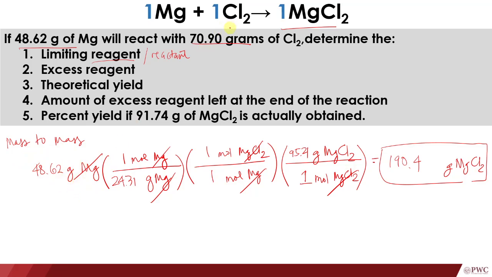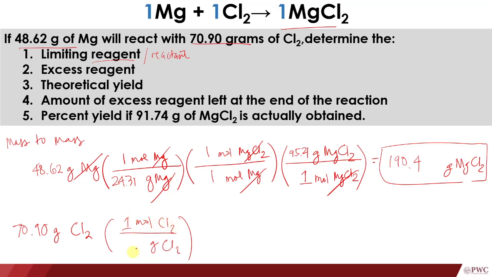The other reactant here is the 70.90 grams of Cl2. We'll do the same mass to mass calculation, from the mass of chlorine to the mass of the product, which is MgCl2. So here that's grams of Cl2, then moles of Cl2.